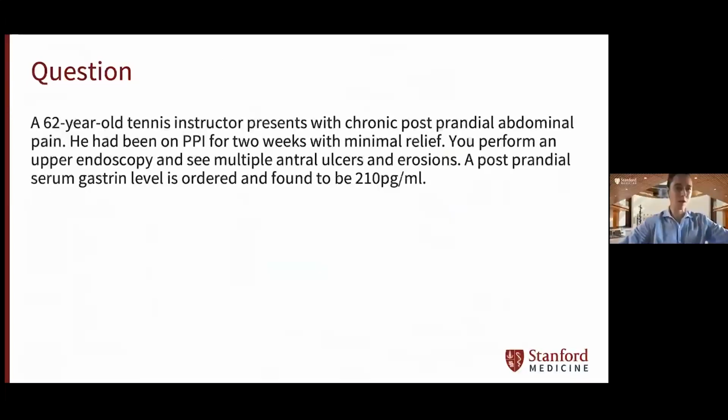So this next question is a 62-year-old tennis instructor who presents with chronic postprandial abdominal pain. He had been on a PPI, or proton pump inhibitor, for 2 weeks with minimal relief. You perform an upper endoscopy and see multiple antral ulcers and erosions. A postprandial serum gastrin level is ordered and found to be around 210 picograms per ml.